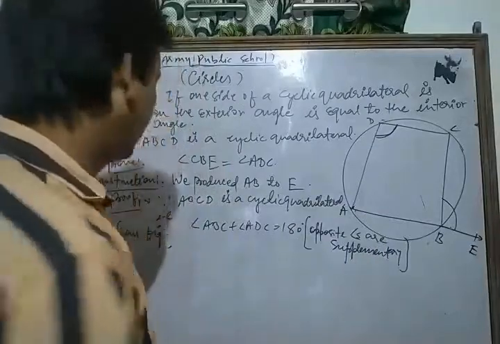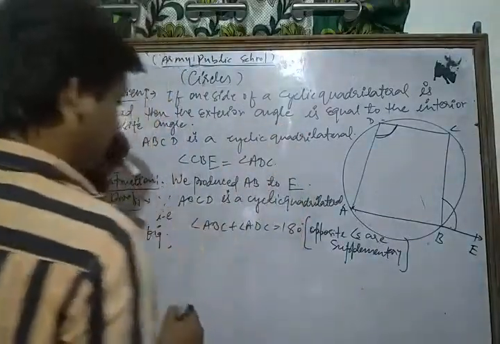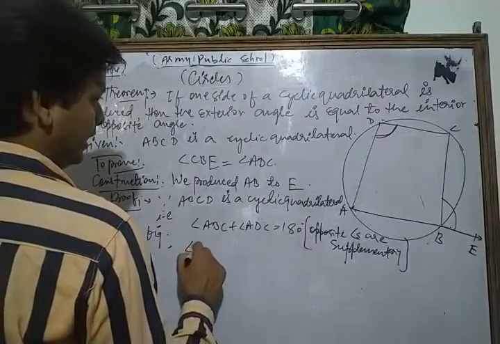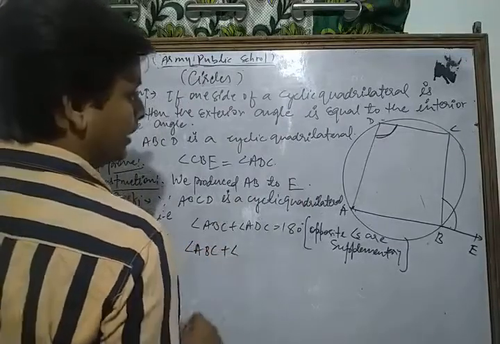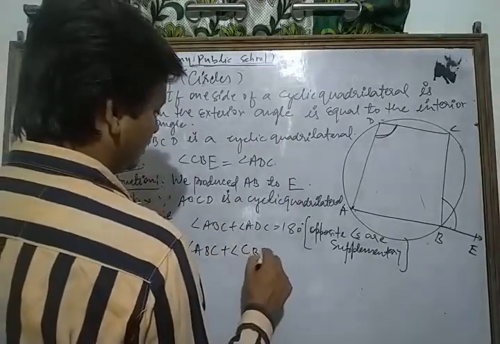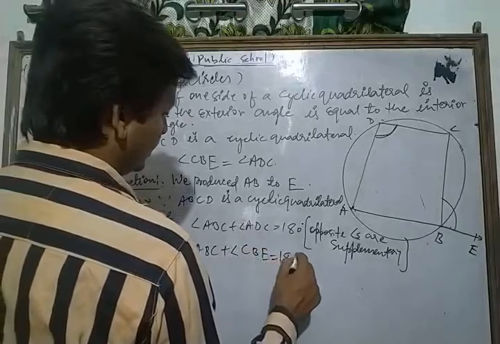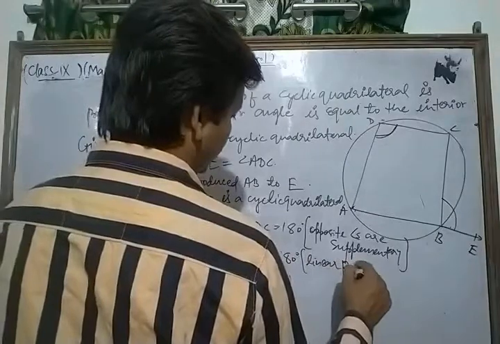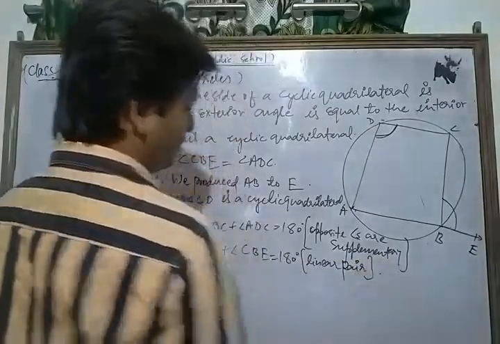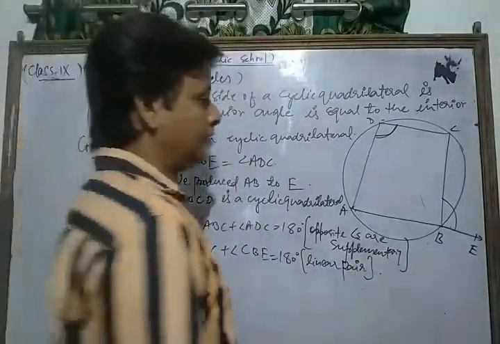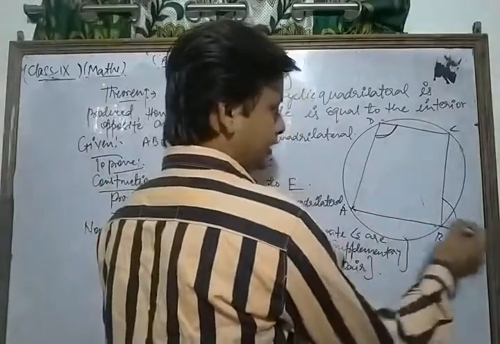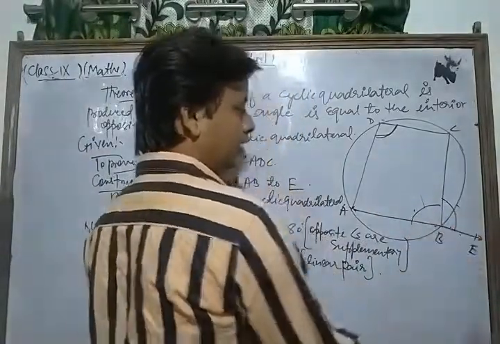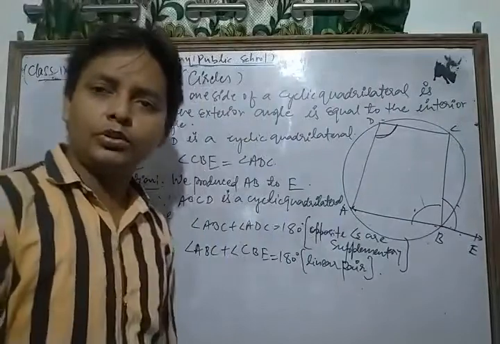So again from the figure, angle ABC plus angle CBE is equal to 180, because these form a linear pair. Since AB is a straight line, the sum of their measures is 180 degrees, because these are a linear pair.